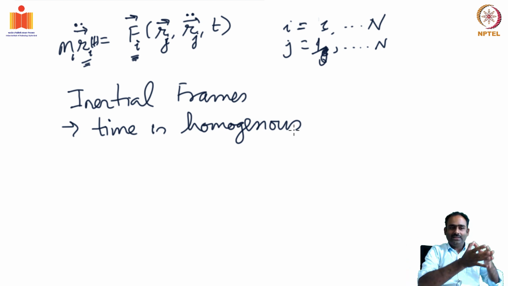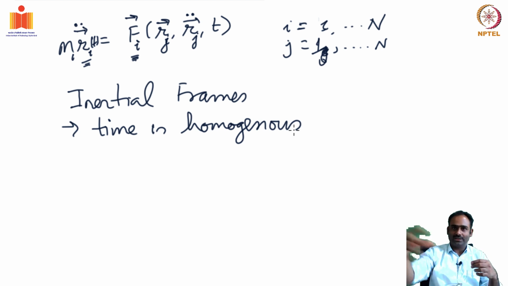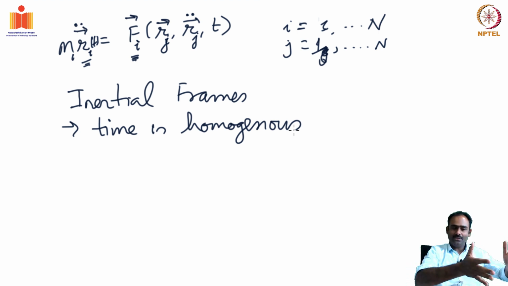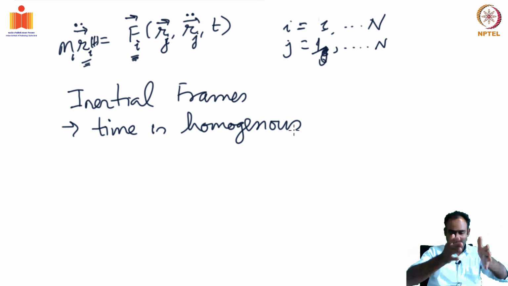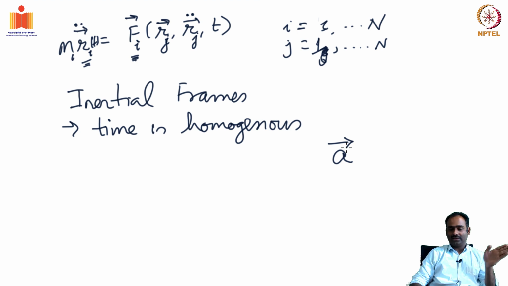So this location is in no manner special compared to any other locations. All locations are equivalent, meaning if I take my setup and translate it to another location, this way, that way, whichever way, by some amount A, a vector, your results will not depend on the choice of A.